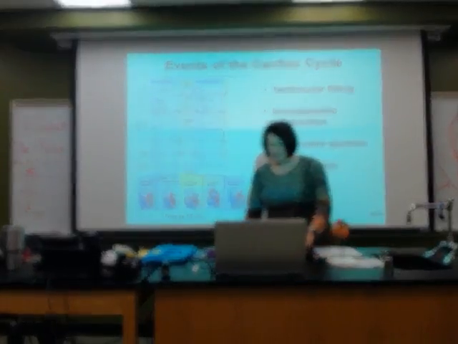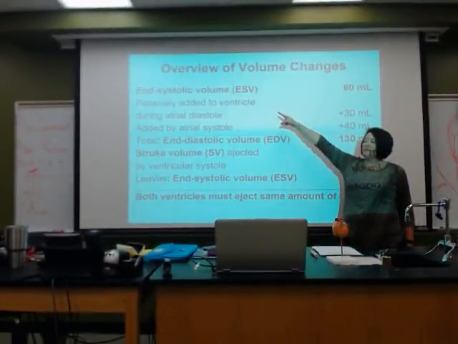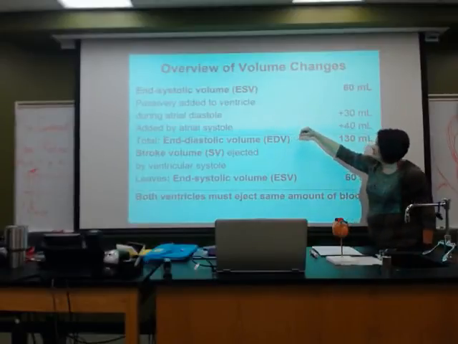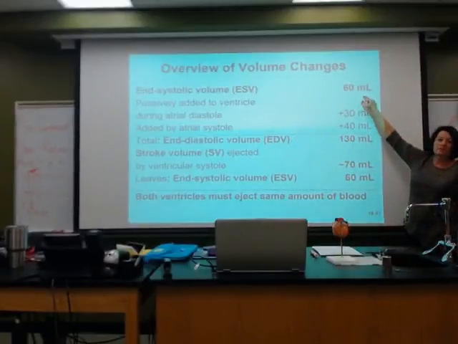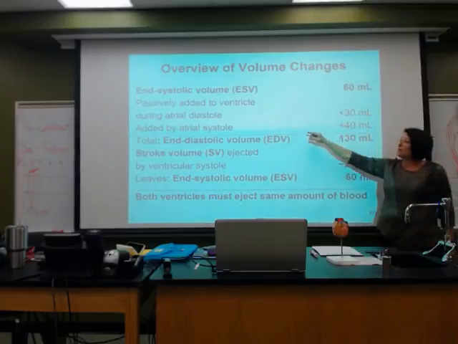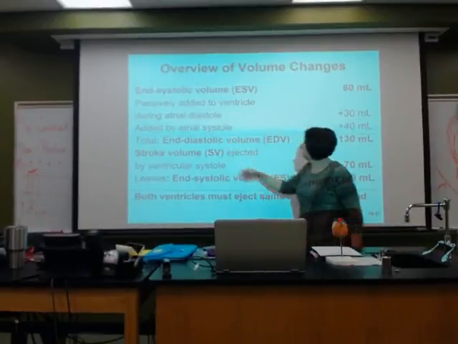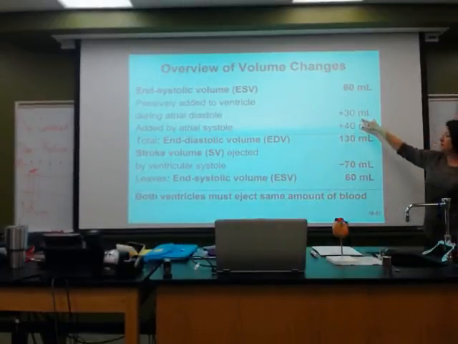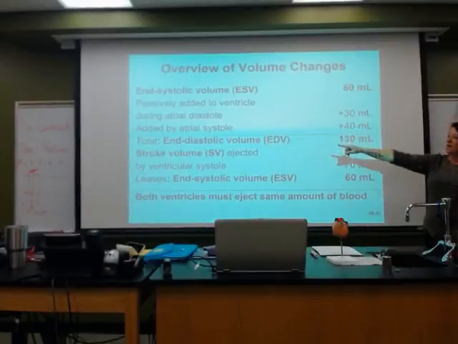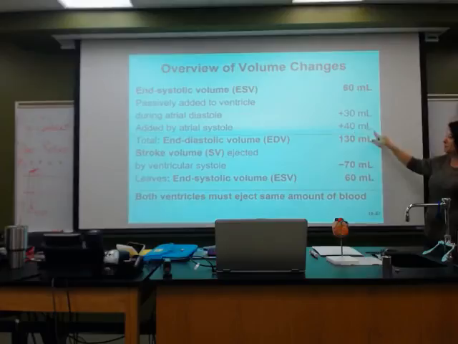So what do we know about these volume changes? At the end of contraction, there's roughly 60 milliliters of blood in the ventricles. During the atrial relaxation, you get about 30 milliliters. Added by the atrial contraction, about 40 milliliters.